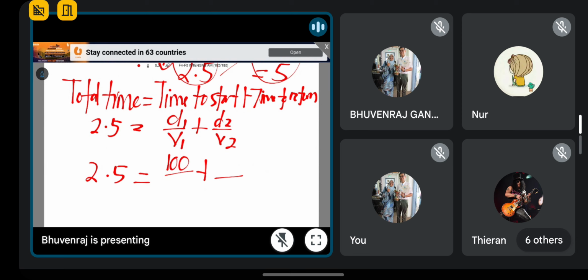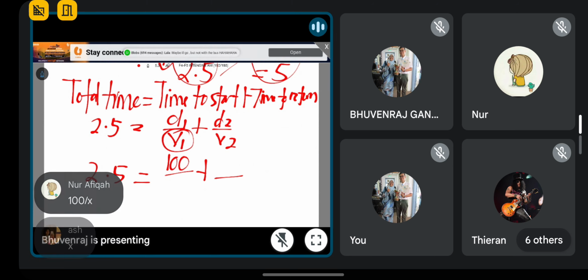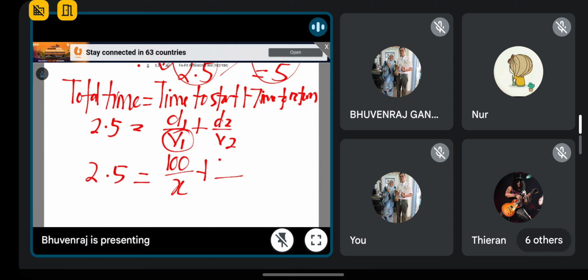Jarak dia 100. What is your V1, guys? Apa nilai kamu akan ganti kat sini? Yes, very good, Afika. 100 over x. They just now told you the average speed is x, so this one is a repeat only. Distance 100, sebab jarak antara rumah takkan berubah, right?